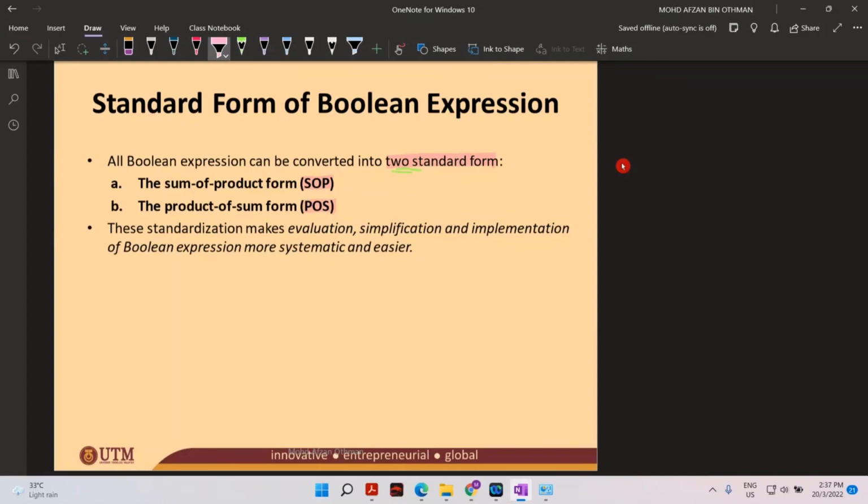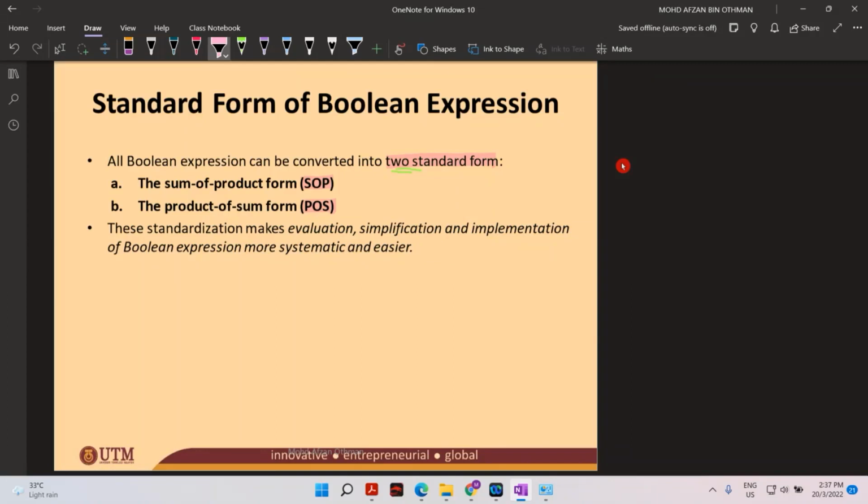POS is the product of sum terms. Later we'll see what is SOP and what is POS. This standardization makes evaluation, simplification, and implementation of Boolean expressions more systematic and easier. So that's why we need to have this standard form.